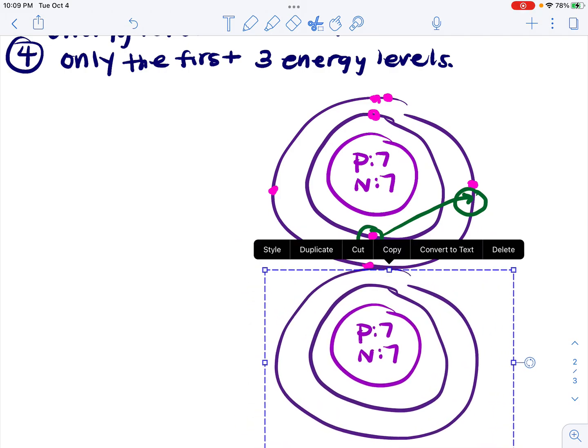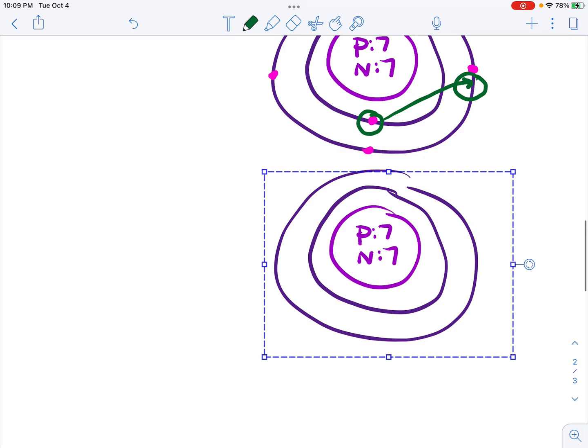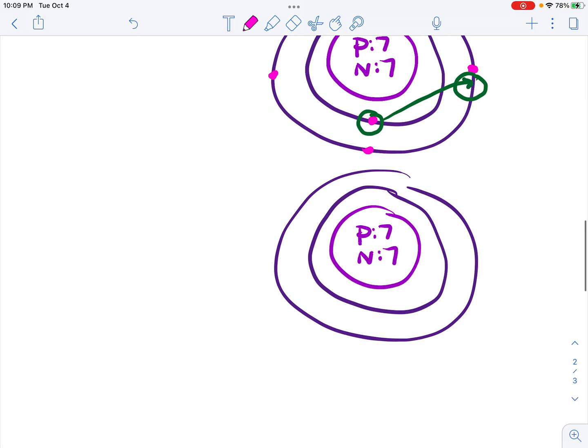And when that happens, our nitrogen is going to get excited. And what that means is now the Bohr model is going to look like this.